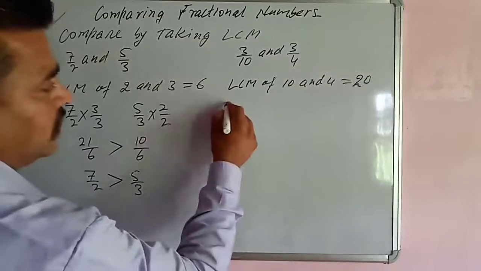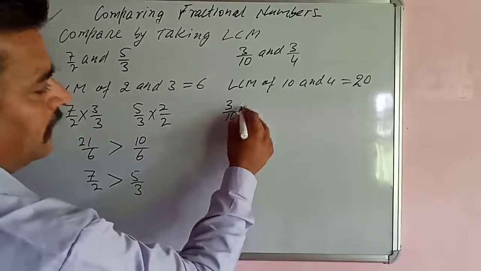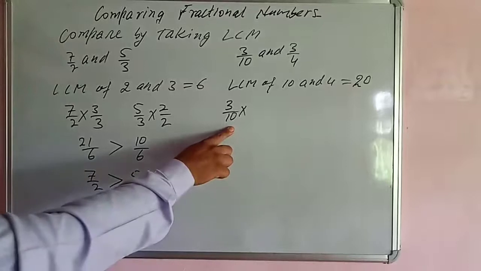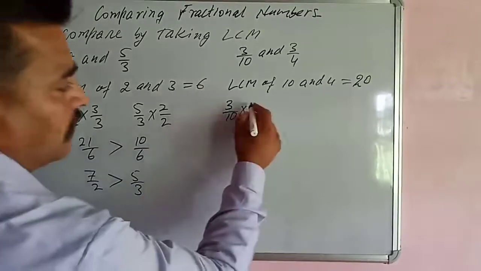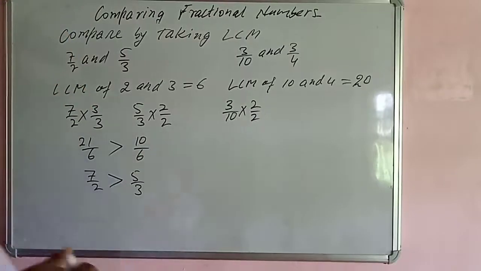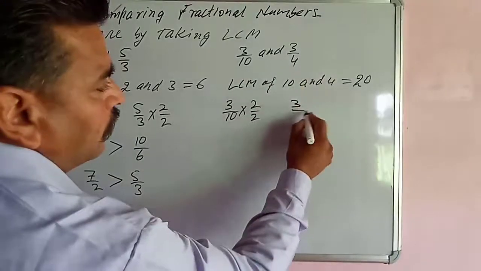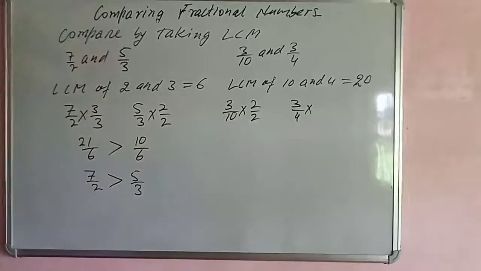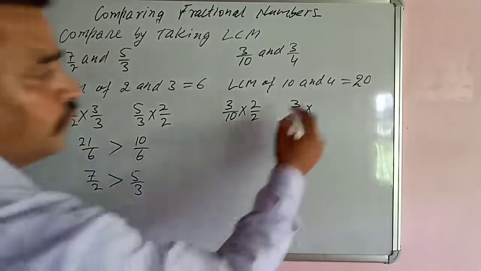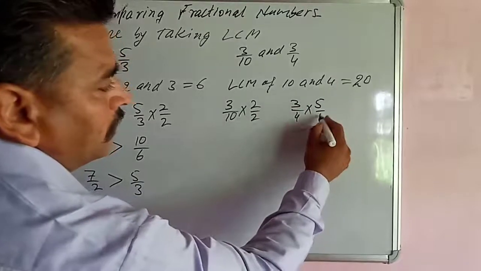Now 3/10 multiplied: 20 divided by 10, we get 2 as the quotient, so multiply by 2/2. And the second fraction is 3/4, multiplied: 20 divided by 4 gives us 5, so 5/5.